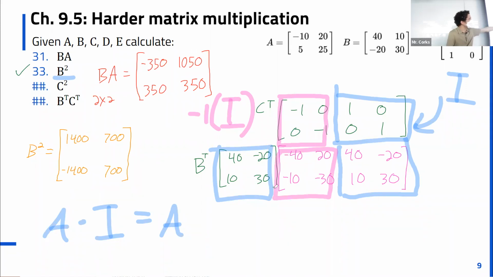So if you didn't see that pattern, that's fine. You just do the regular matrix multiplication steps, you'll get the right results. But this is just a shortcut that we can see. Especially if we have an identity matrix inside, or even if we just have one row like this, a 1 and a 0, then it's just going to basically copy that column from the original thing.